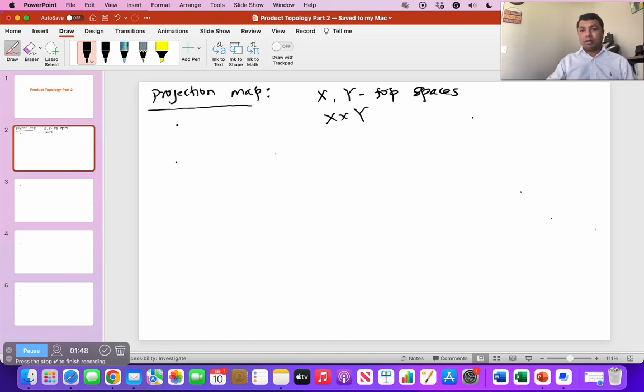Here is the graphical representation or visualization of the Cartesian product. Let's say this is our Y and this is our X. The Cartesian product of X and Y is the set of all those ordered pairs. Now let's consider the map from this Cartesian product to this topological space X, and let's call that map pi 1.